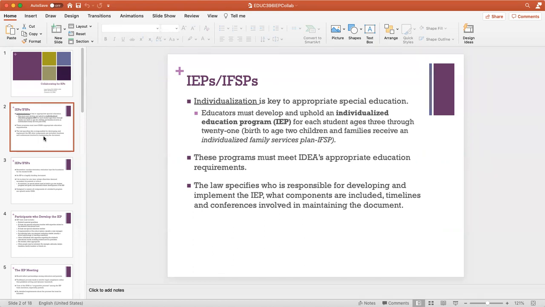There's just a lot that goes into the IEP that doesn't appear in the RTI process. So as a result, the meeting itself is going to be a totally different meeting, but the amount of collaboration and the way that the collaboration works is a lot more similar between the two.